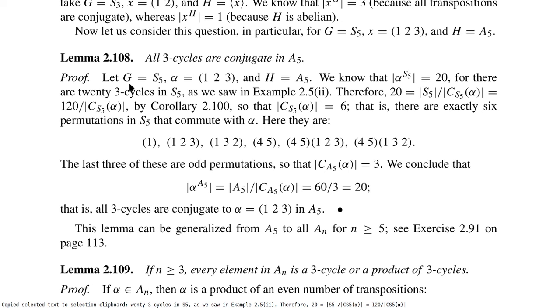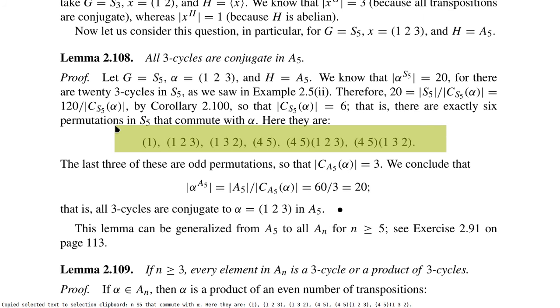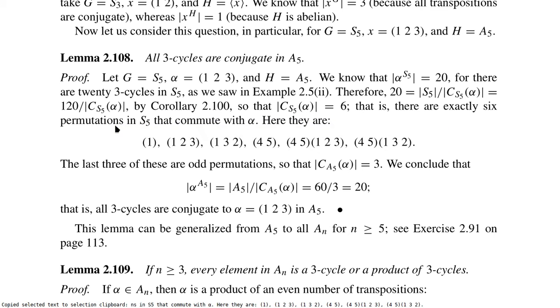So there will be 6 permutations in the symmetric group S5 that commute with alpha, and these are the permutations. It's not hard to see why.